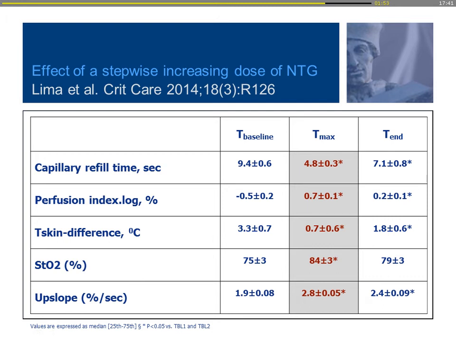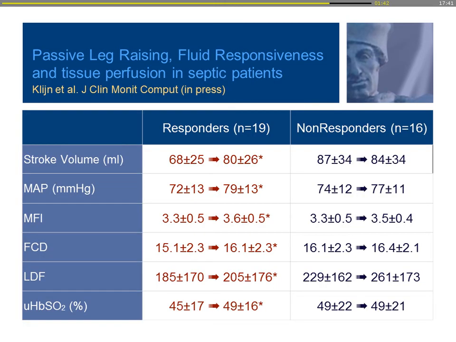If you titrate nitroglycerin, you completely normalize everything. When you turn off the nitroglycerin, everything becomes abnormal again. So it's accessible and it's treatable.